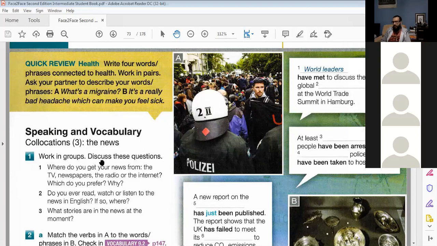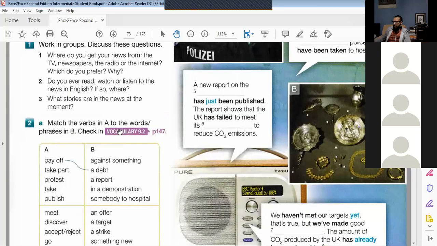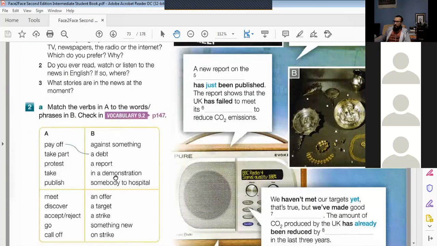At least 40 people have been arrested and 6 police officers have been taken to hospital. A new report on the environment has just been published. The report shows that the UK has failed to meet its targets to reduce CO2 emissions. However, Environment Minister Jack Clark told reporters that some progress has been made.